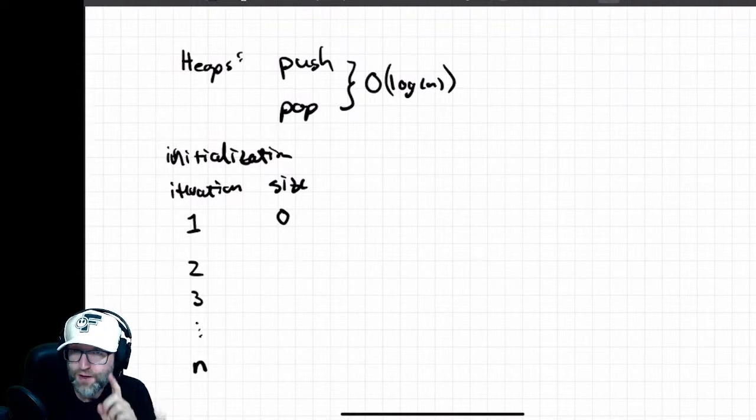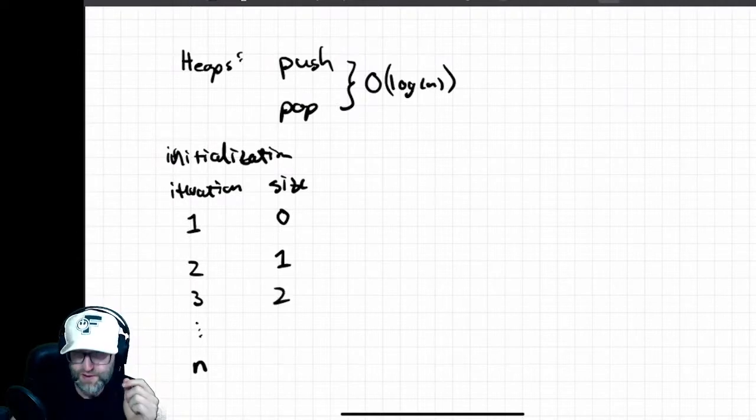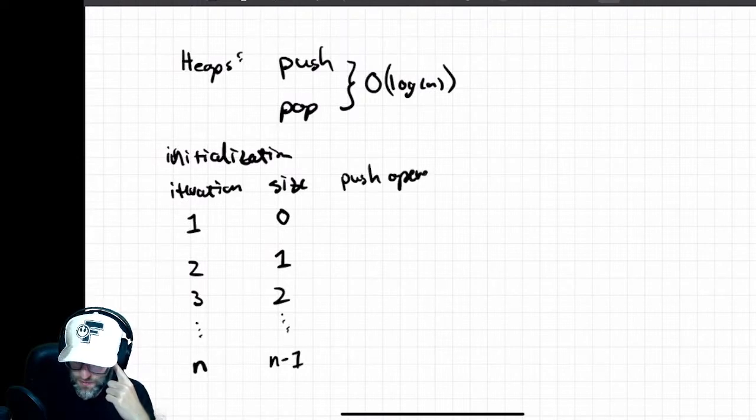On the second iteration, I've already added one symbol to it. So it's going to be of size 1, and then I'm adding another one, and that gives me a size of 2 on the next iteration. And you can see the pattern here all the way up to n minus 1. Right? So the insert or the push operation complexity is going to be dependent on the size of the heap on each one of these iterations.